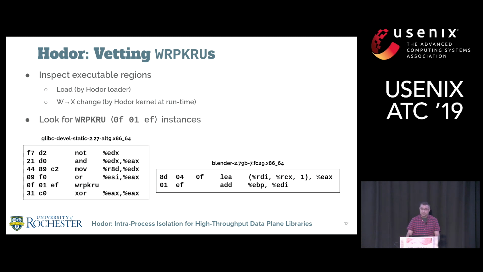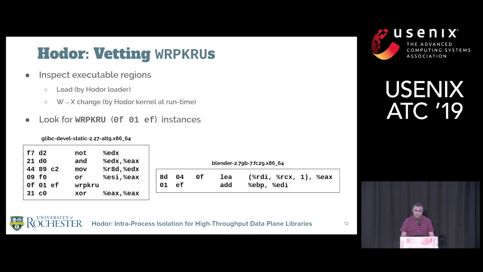Since it is undecidable to know in advance for x86, at least, whether such a 3-byte sequence is a real instance of write PKRU as opposed to data embedded in code or spanning legitimate instructions, we do not rely on disassembly of the executable region and mark all these occurrences as potentially malicious.